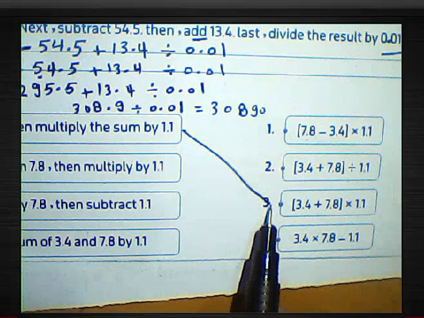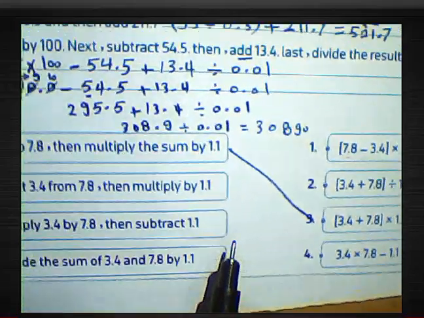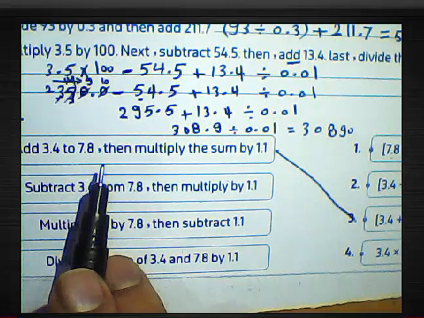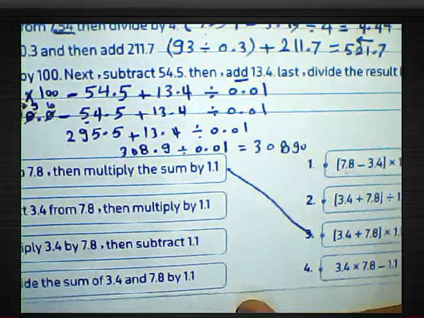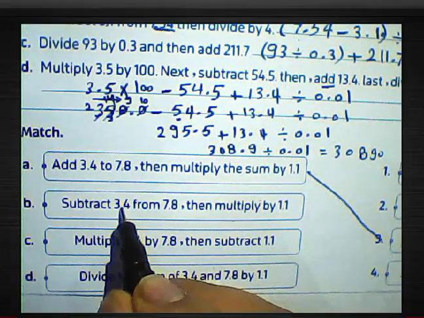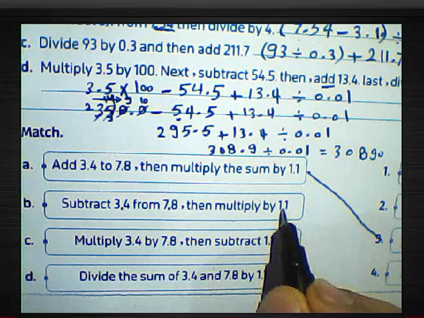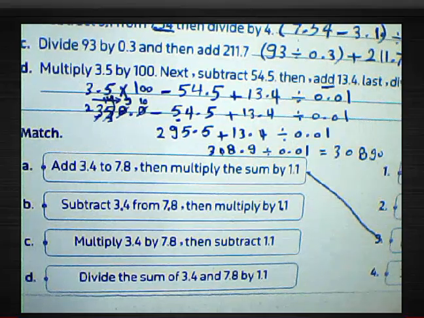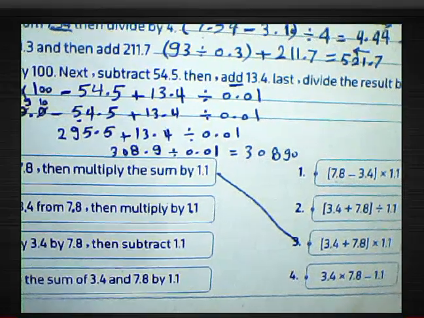Number 3, match letter A to letter C. Again, add 3.4 to 7.8, then multiply the sum by 1.1. Letter B: subtract 3.4 from 7.8, then multiply by 1.1. We can write the subtraction with the brackets here.